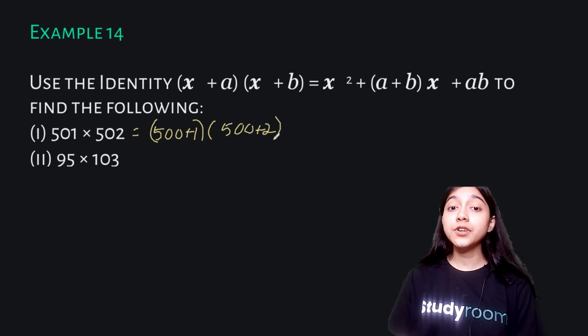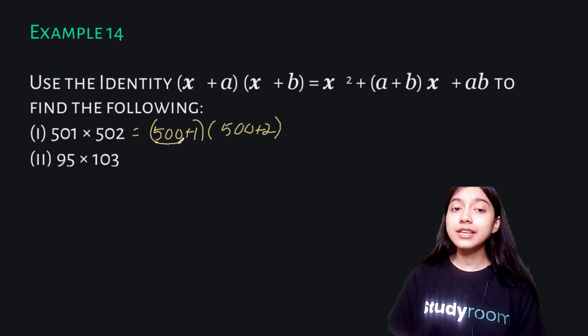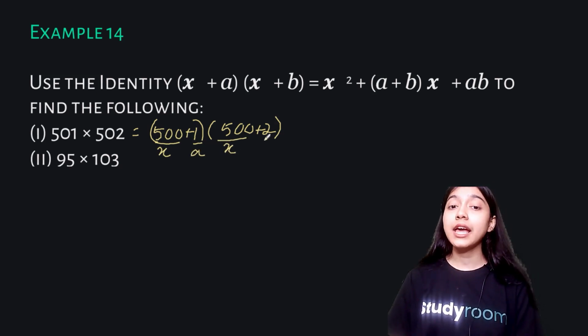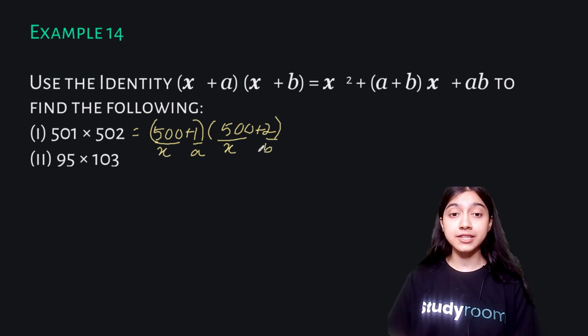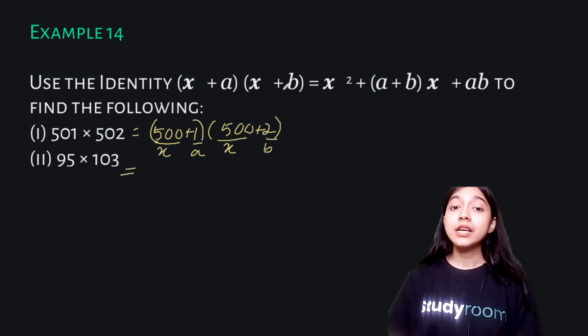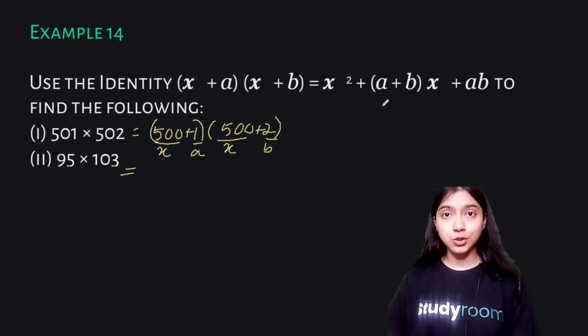The very first step is to compare it with the standard identity. So here we can see that 500 can be written as x, 1 is a. Again we have 500, it is the same thing, so we'll write x. And we have 2 over here, so it can be written as b. So ultimately, this is the same identity, x plus a and x plus b, which is multiplied. So we will use this identity and solve the question.